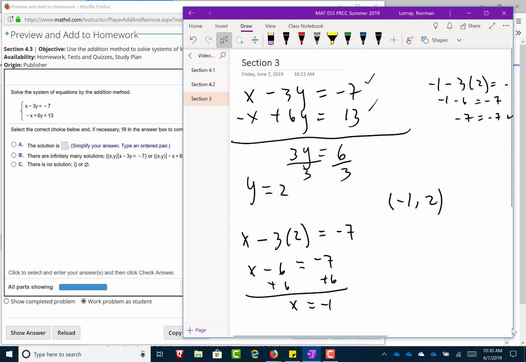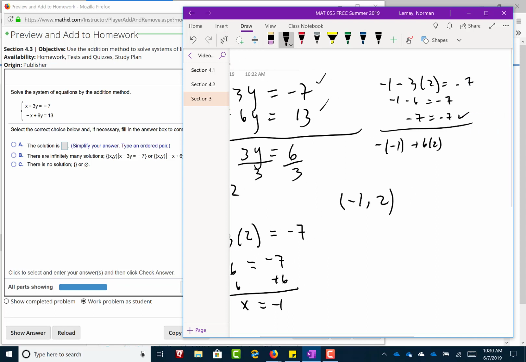If I plug into the second equation, I get negative of a negative 1 plus 6 times 2, and the question is, does that equal 13? Negative of a negative 1, so negative 1 times negative 1 is positive 1, plus 12 equals 13. And 13 equals 13.